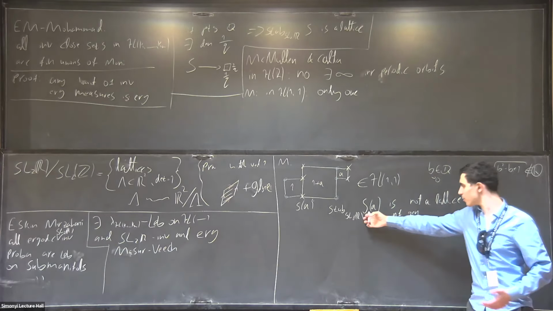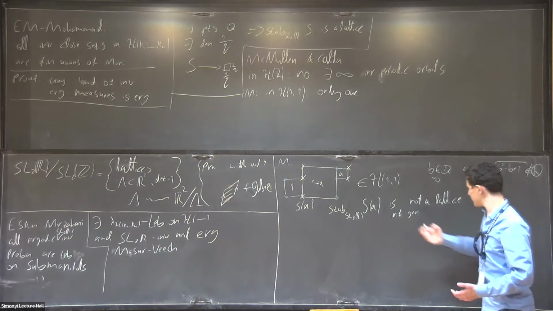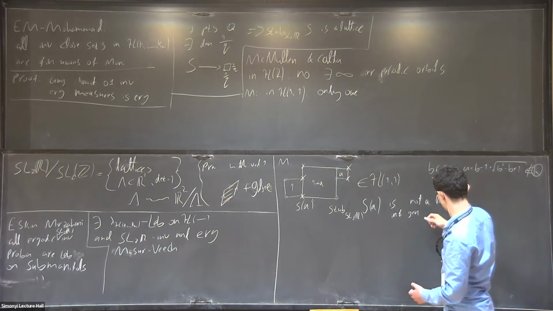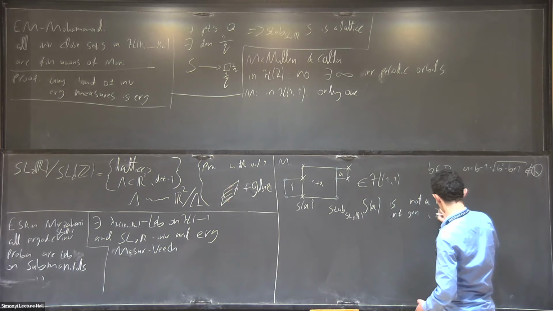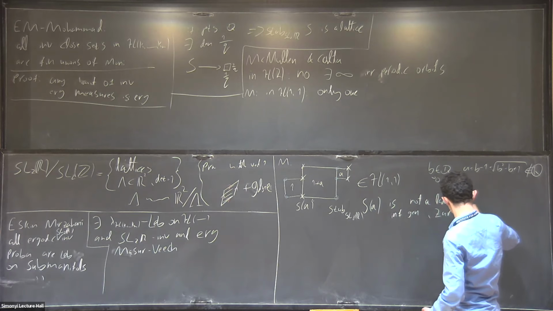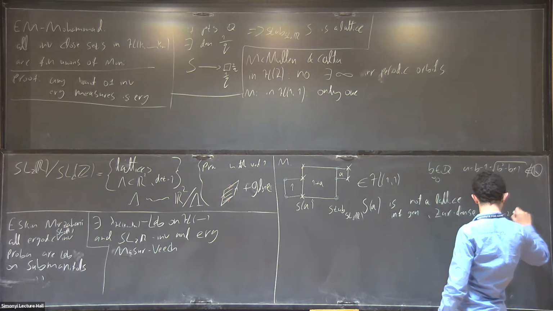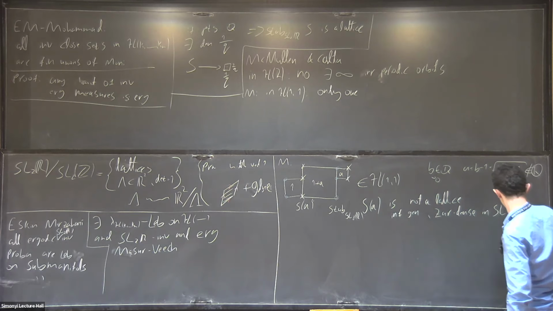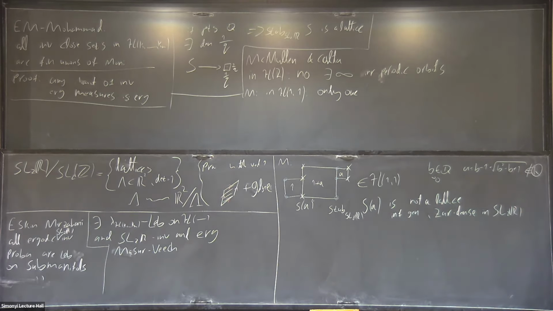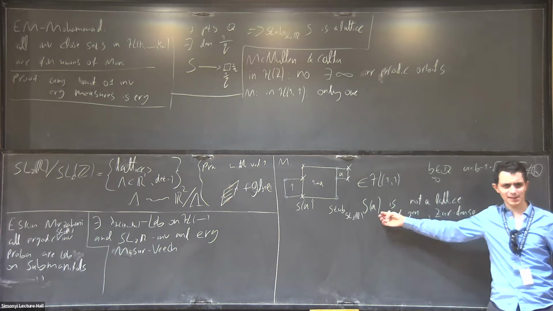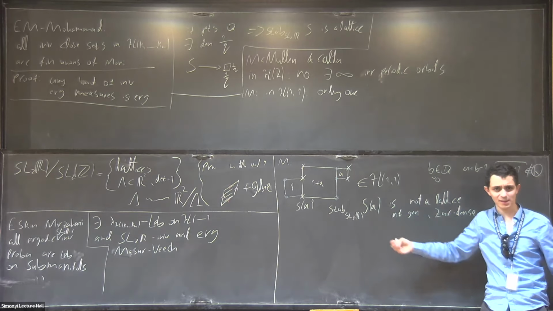It's a discrete subgroup, which is probably Zariski dense. I think it's not a lattice, infinitely generated, Zariski dense in SL2. For those who know, the limit set of this group is everything.